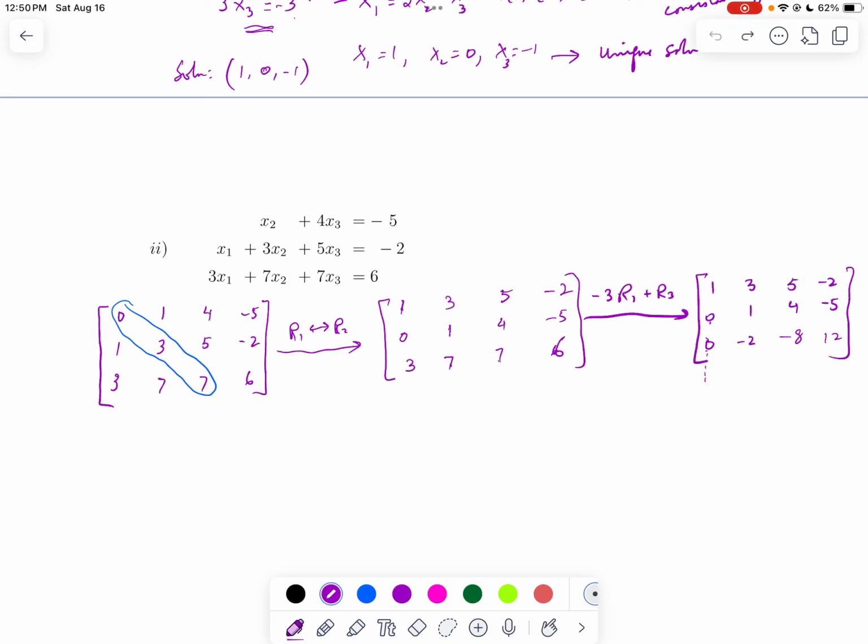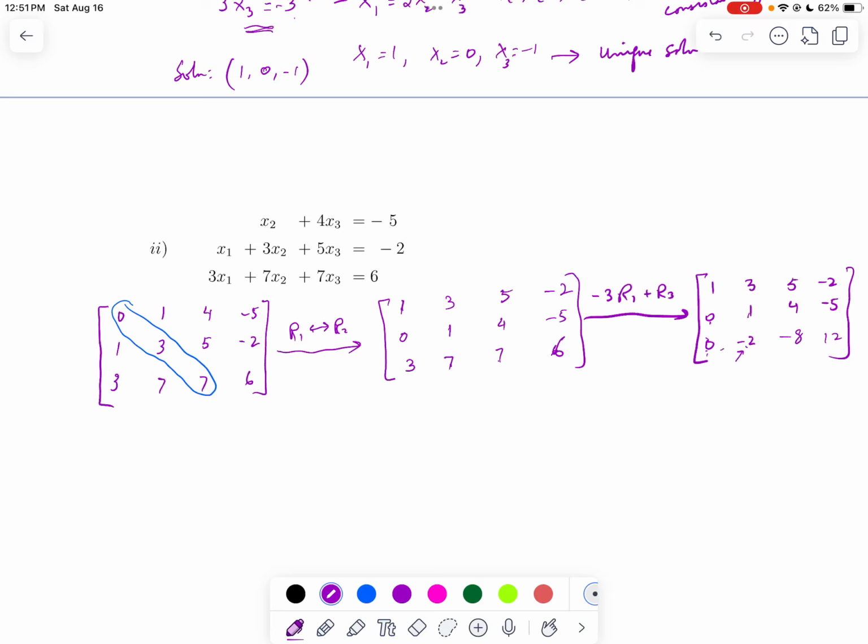And in the second column, you will use the second row to make the entry 0, and so on. So I can just multiply the second row by 2 and add it to the third row and make a 0 over here.